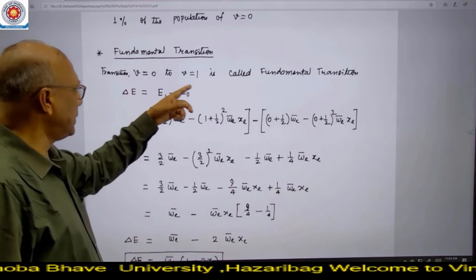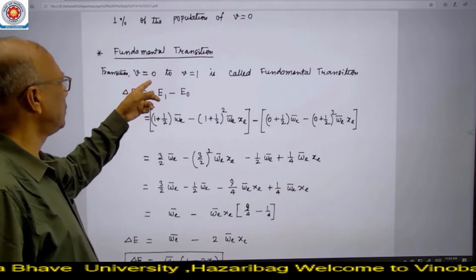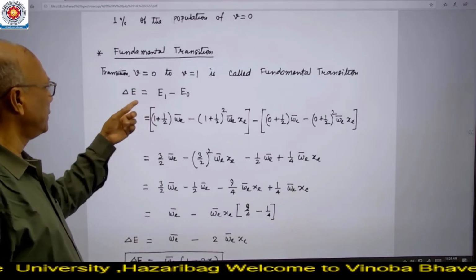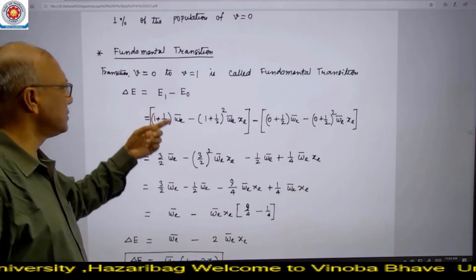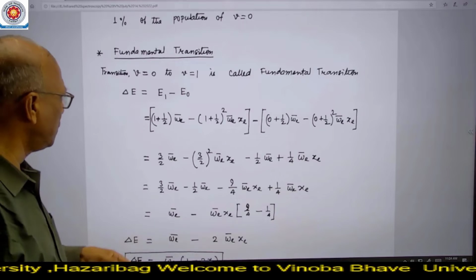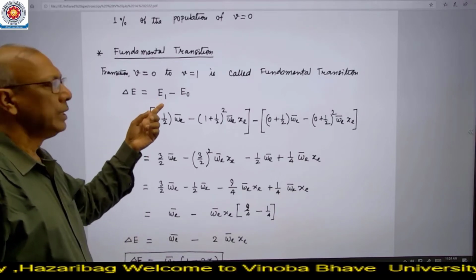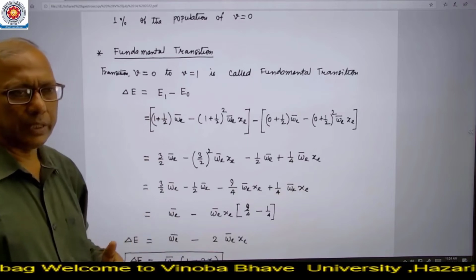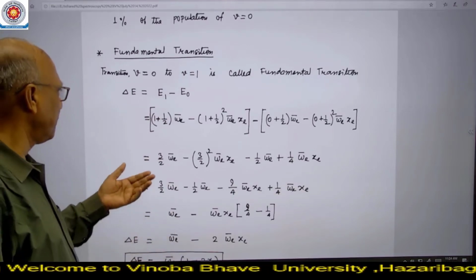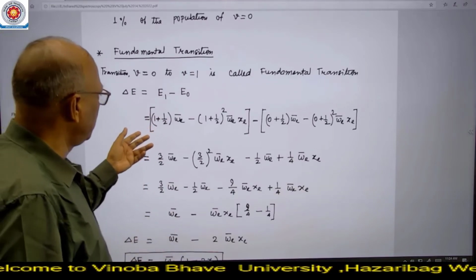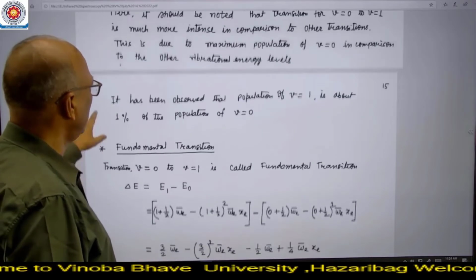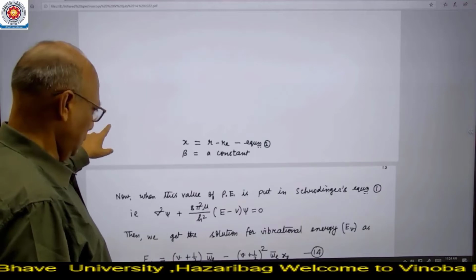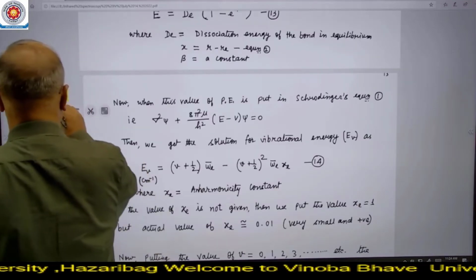And for this fundamental transition, we can write the change in energy like this: delta E equals E1 minus E0. That is, E1 means the energy of the second energy level and E0 means the energy of the first energy level. So according to our formula, just as we have derived here in equation 14.